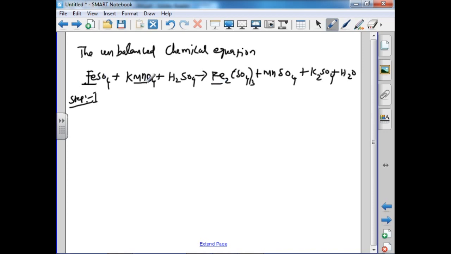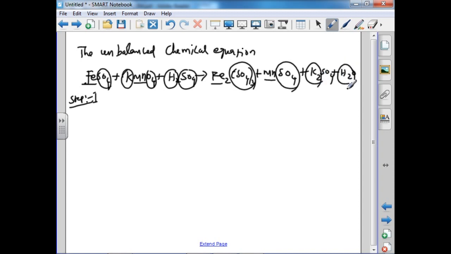On the reactant side, Mn changes the oxidation number, and also on the product side, Mn changes. There is no change in sulfate ion, potassium, oxygen, and hydrogen. So only we have to find out the oxidation number of Fe and Mn.